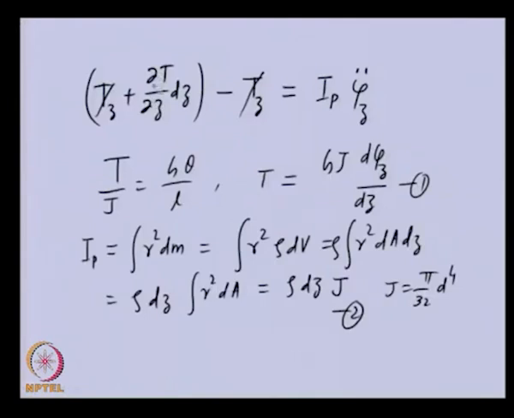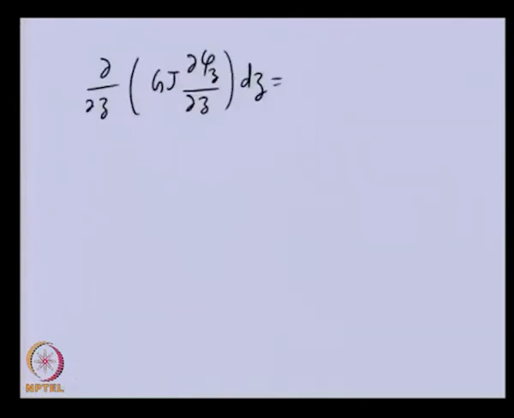So, again you can see we have substituted for torque in this one, and on the right side we need to substitute for IP. So, rho j dz and phi double dot. This double dot represents the derivative with respect to time, a double derivative with respect to time.